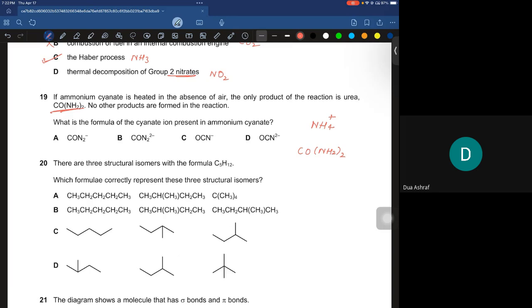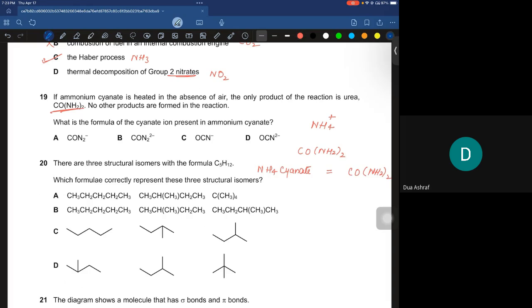So ammonium cyanate is this, the reactant, and this is your product. And ammonium is plus 1, by the way.